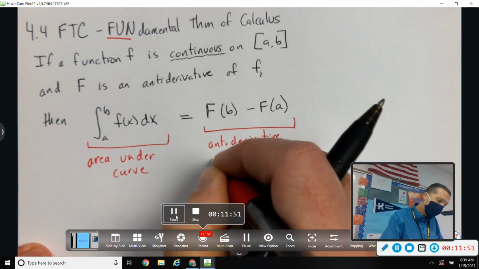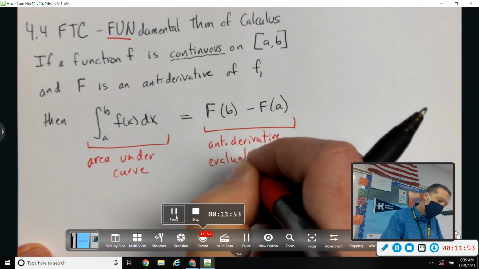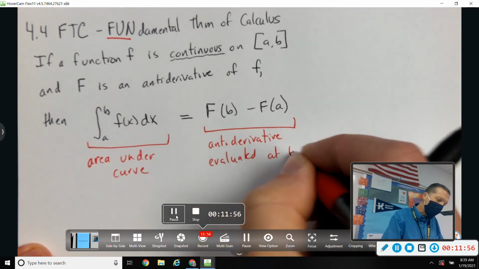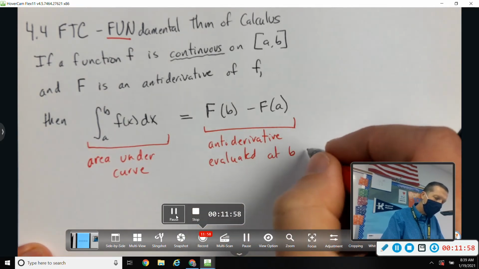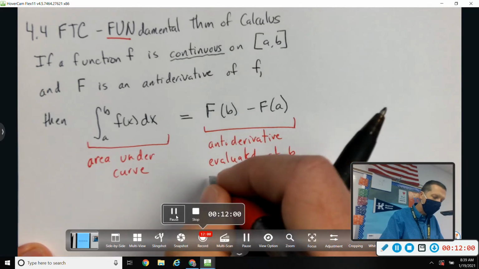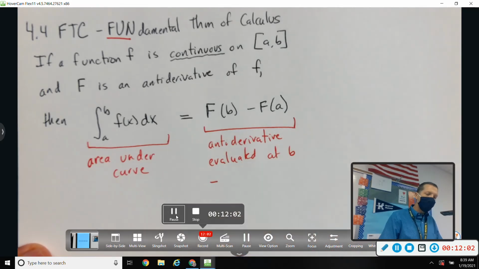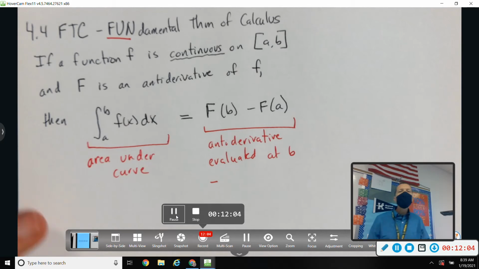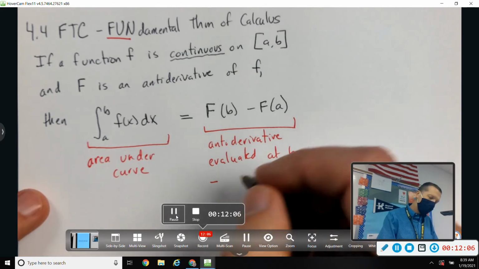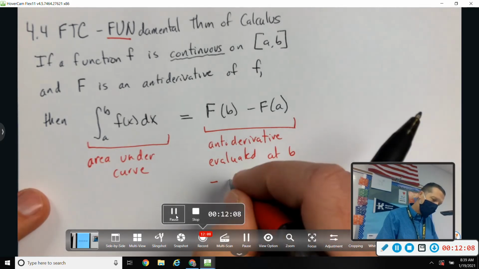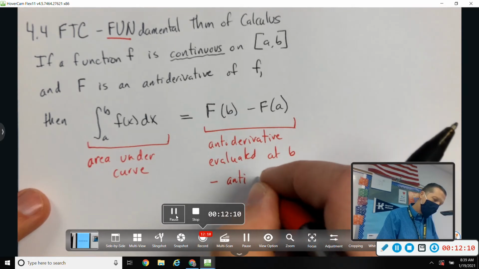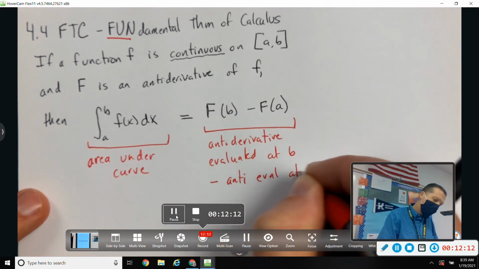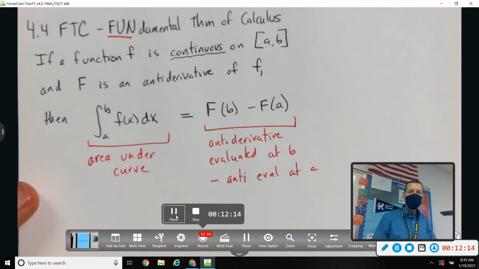Antiderivative evaluated at B, so minus the antiderivative evaluated at A. So that's what we saw on the little triangle that we did at the end of the warm-up there.